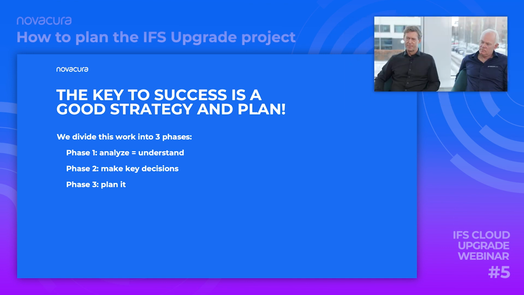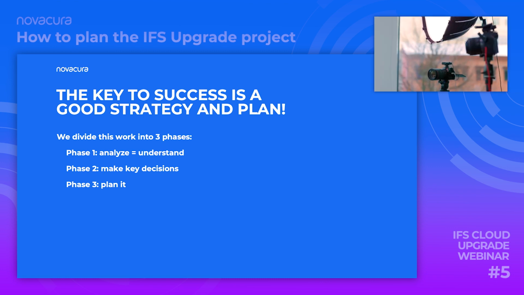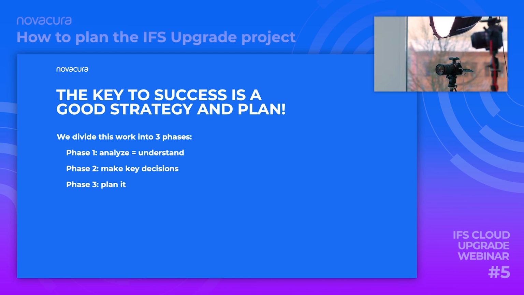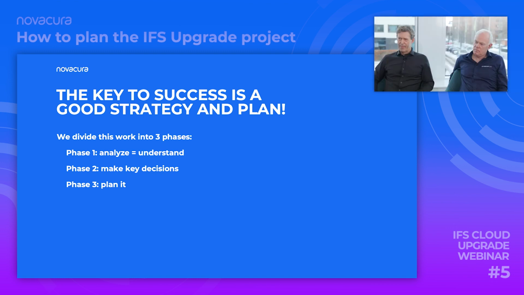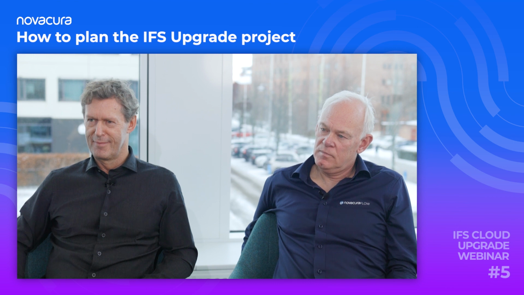The second phase would be to make strategic decisions based on the facts, the evidence that you gathered during this analysis phase. And the third step, based on what you learned about your company and what decisions you took, is to plan the details. So we have three phases, and I would like you to tell us more about each of them.